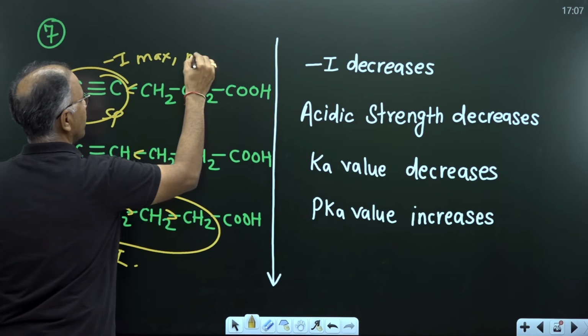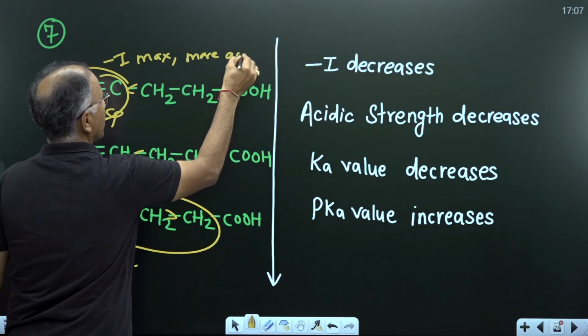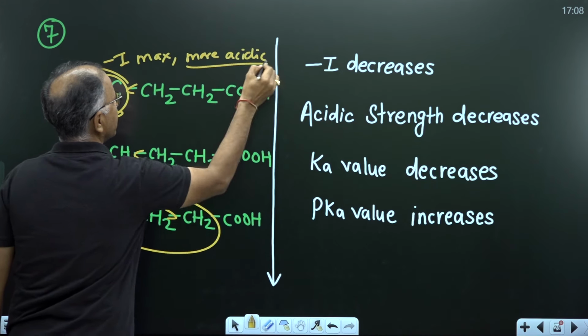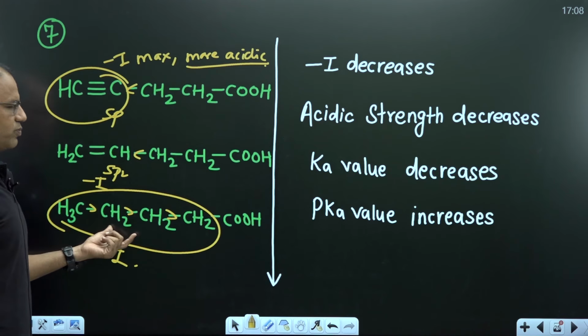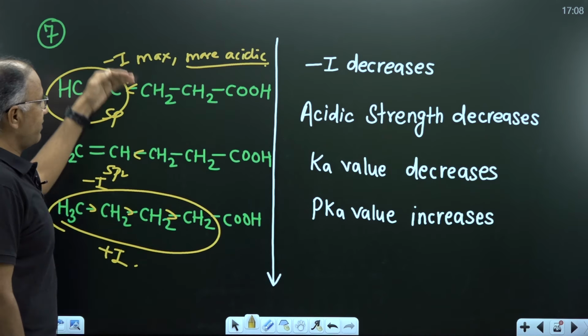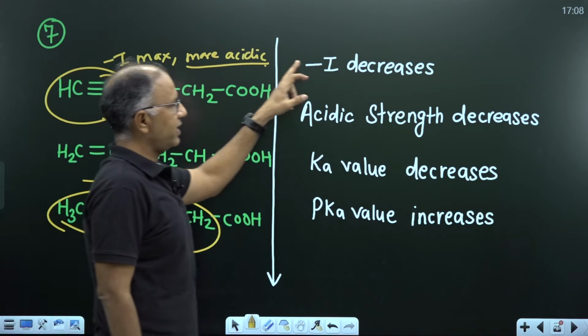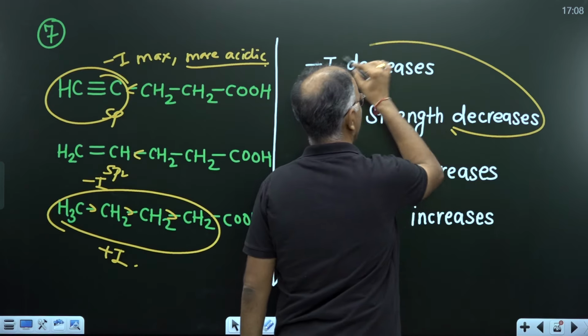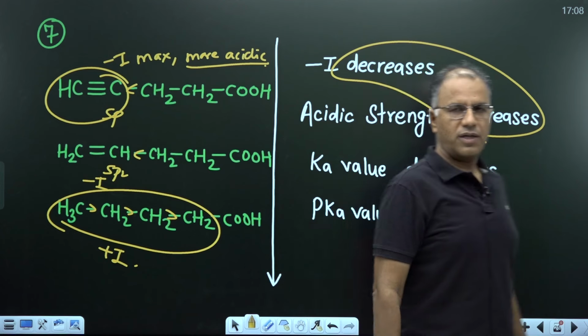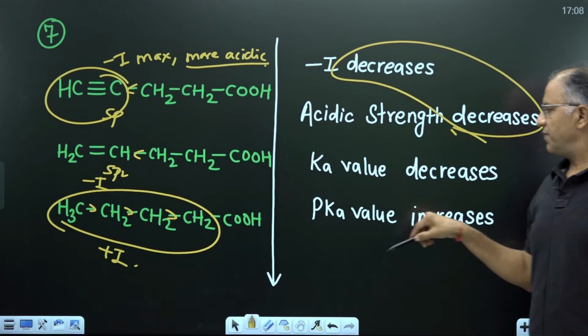More minus I means more acidic. So this means minus I decreases, although last one shows plus I effect. In relative terms, I can say minus I decreases. Minus I decreases means acidic strength decreases because they are directly proportional. And what about K? K will decrease, pK will increase.